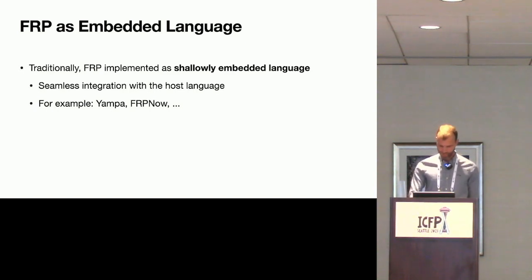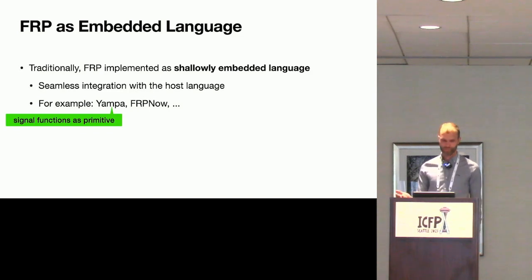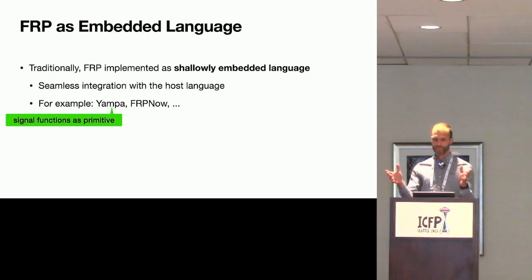And this has been very successful for languages like Yampa, right? Where the approach they take is, instead of taking the signals as the primitive, they take signal functions as primitive. So you can only define signal functions and then make sure that you cannot write any of these bad signal functions that are non-causal, for example.